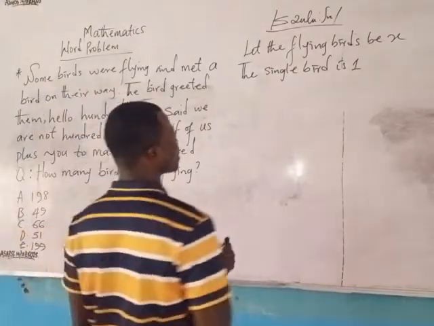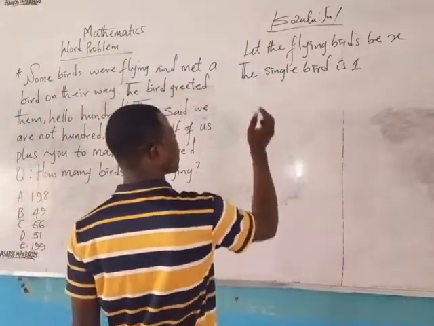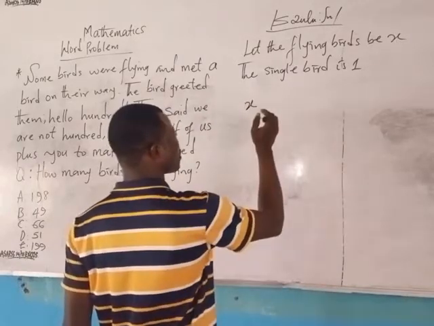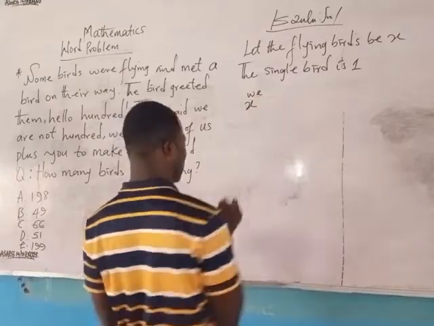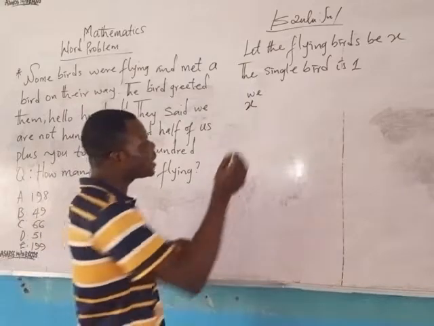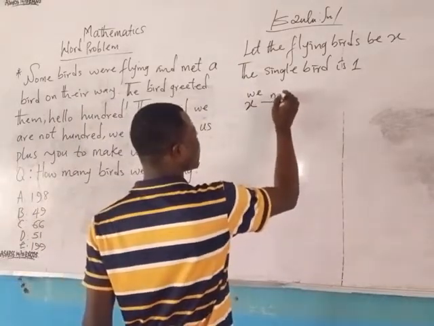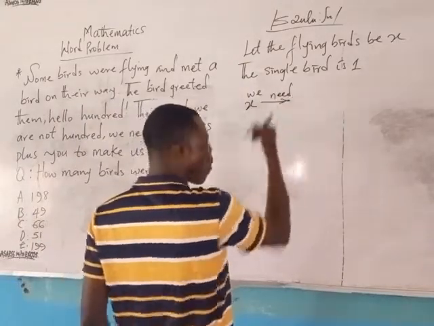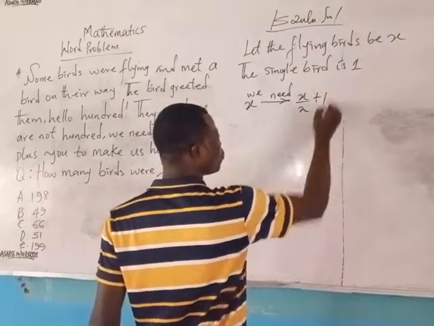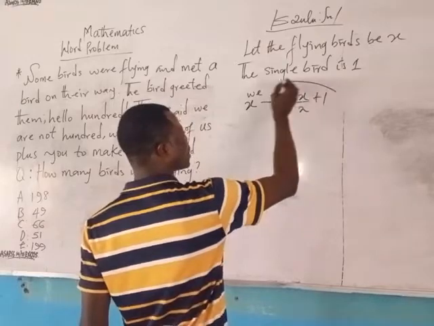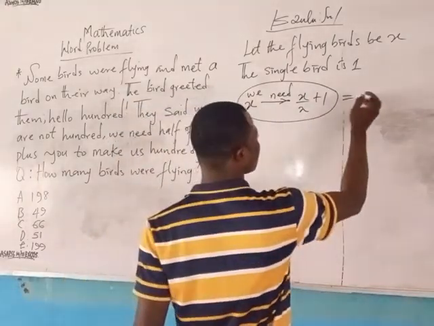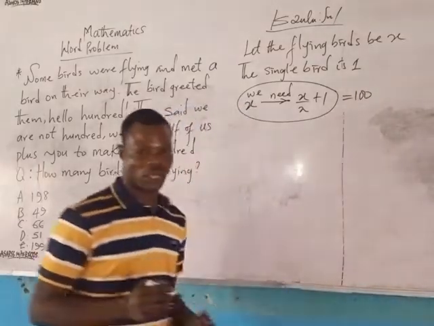So if we have X, this is we, the flying birds now. We need half of us plus you. When all these are added, it is then we will become 100.